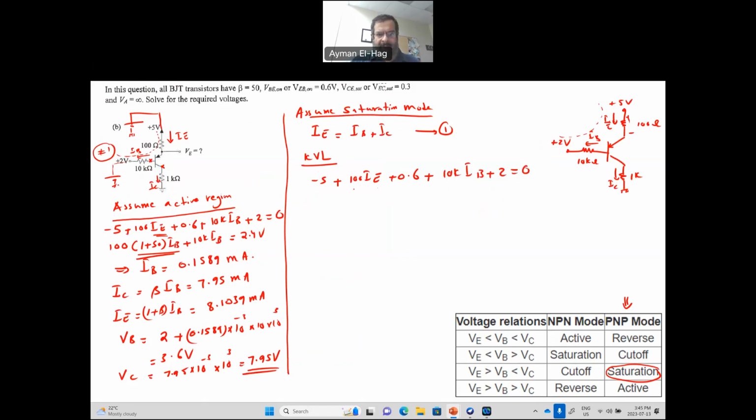So now we'll have 100 IE plus 10K IB equal to 2.4, which is our second equation.